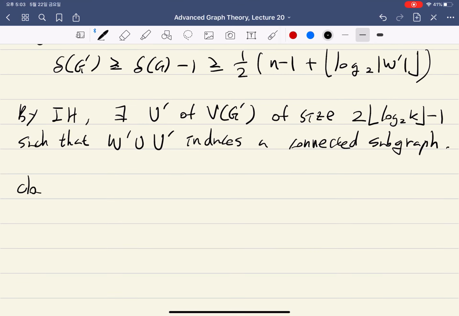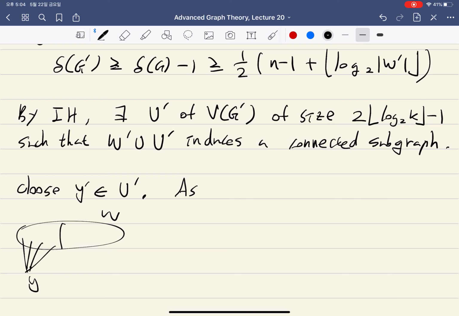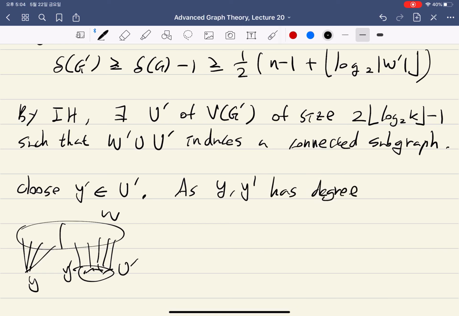So now we are almost done. We choose Y prime in, say, U prime. So you have W, Y is here, and you have U prime, and here Y prime. And they are somehow connected. And Y and Y prime both have, in graph G, degree at least n over 2.